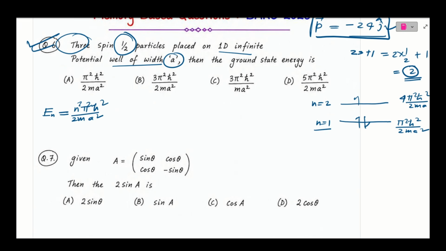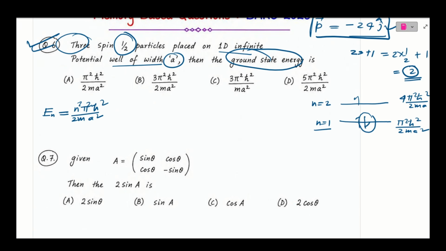Okay, now we have to find out the ground state energy. So for the ground state energy, we have to build the lowest energy configuration. That's why we put the third particle in the lower state. If we put the third particle in the higher state, that is the n equals 2 state, then that does not indicate the lowest energy configuration, and for that system we cannot find the ground state energy. So that's why we put the third particle here in the lower state.